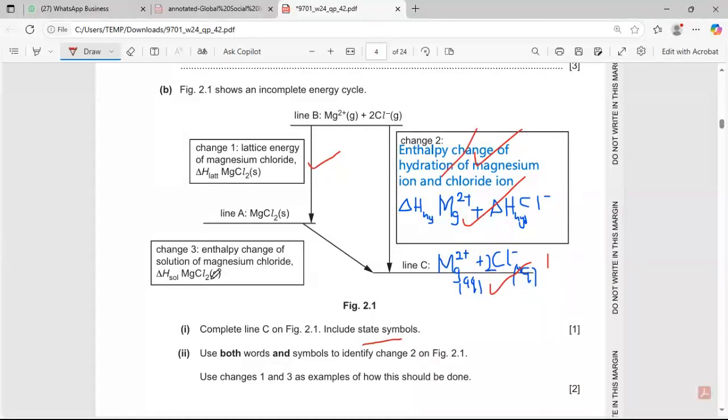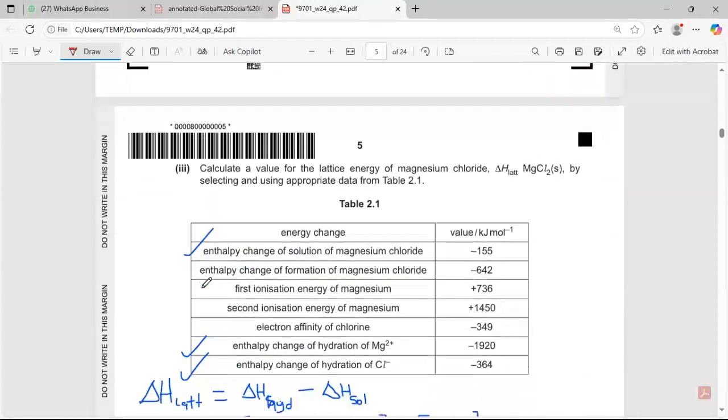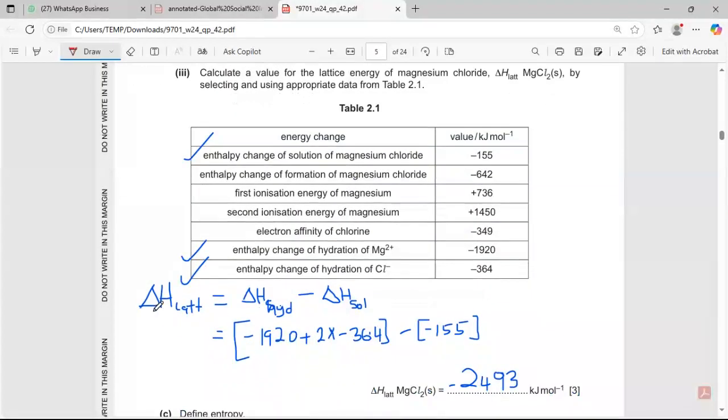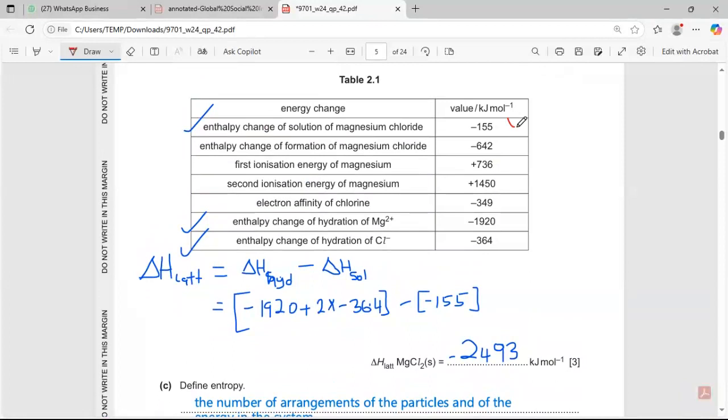We need the hydration energy, and we also need the enthalpy of solution. So we say that change in lattice energy equals change in hydration energy minus change in solution. Your work is to put in the values.